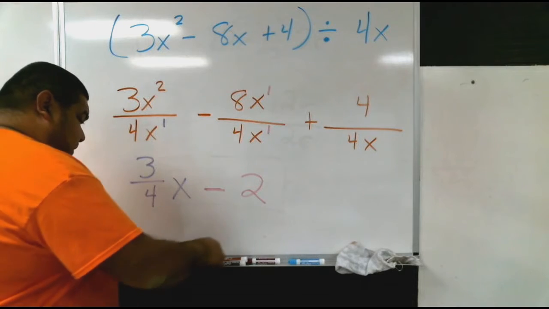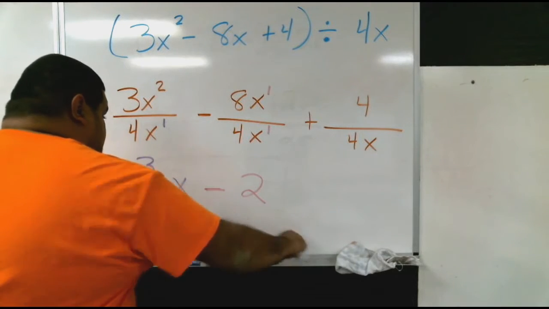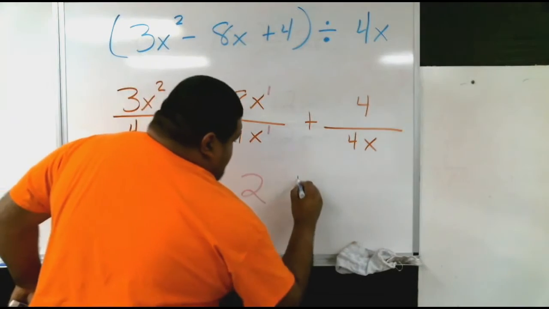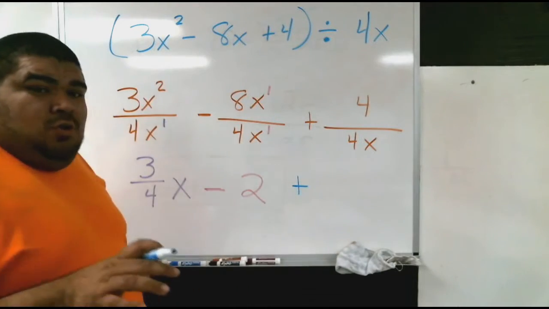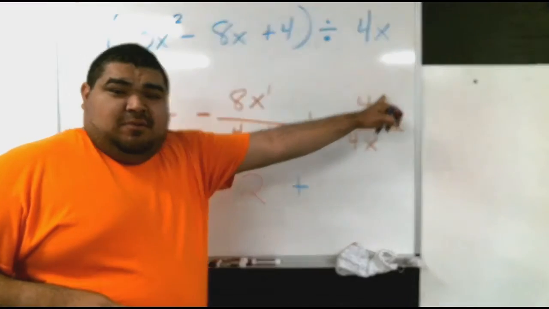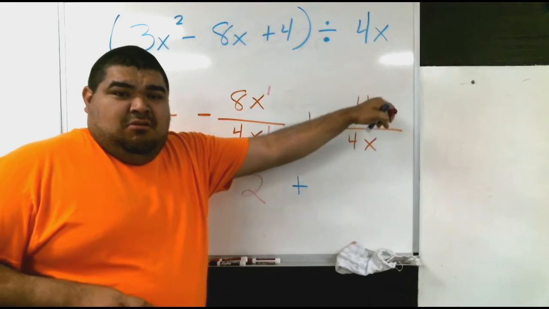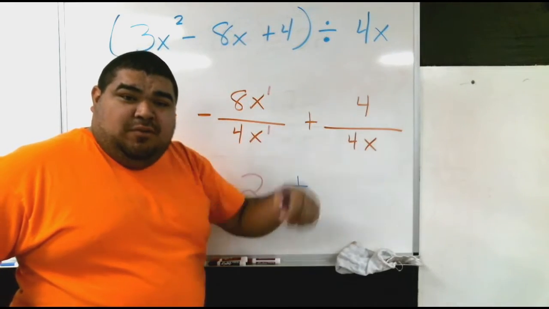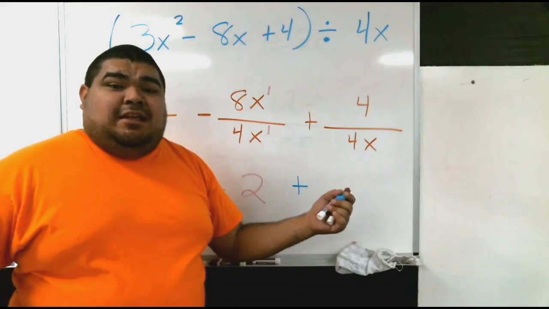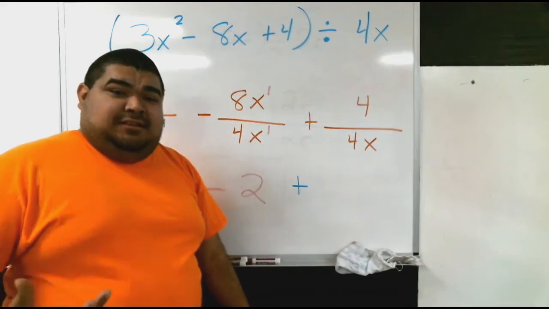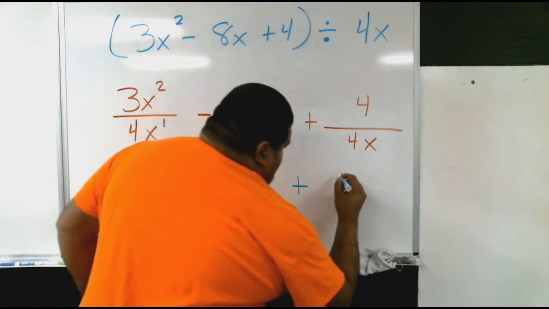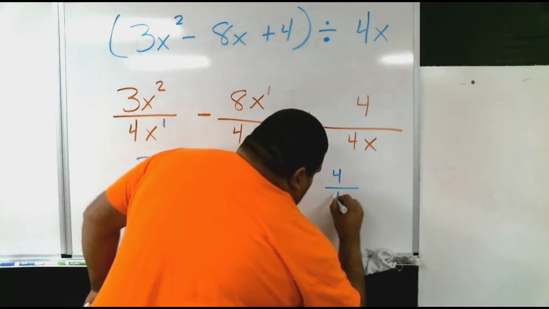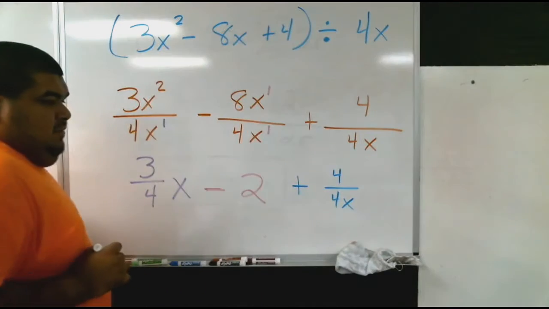And then finally, we have plus, notice that there is no variable up here. There was no error. That's the way the problem is. Since there's no variable there, there's nothing you really can do to it. So it stays as it is. So plus 4 over 4x.